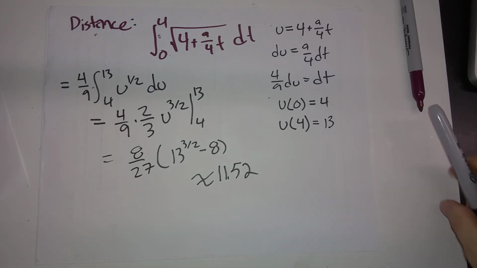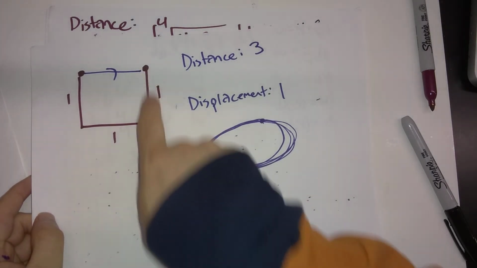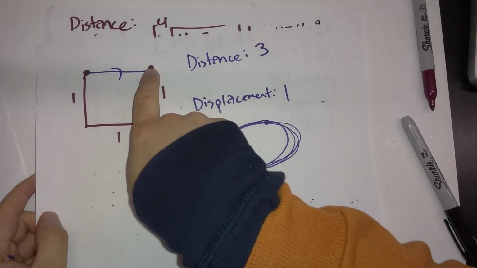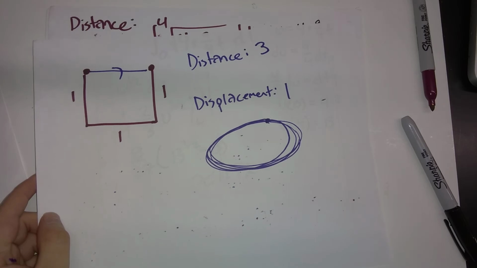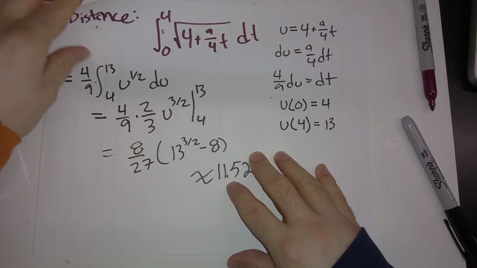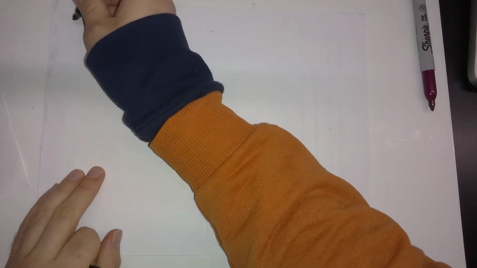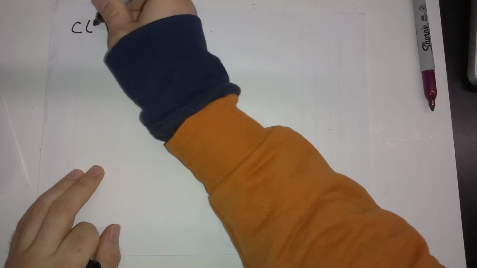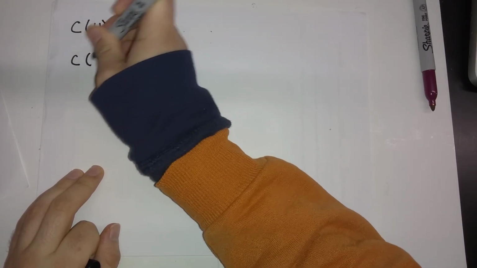Now for displacement, all we care about is the ending position and the starting position, how far away they are from each other. So how do we do that calculation? Well, we want to know what is c of 4 and what is c of 0.